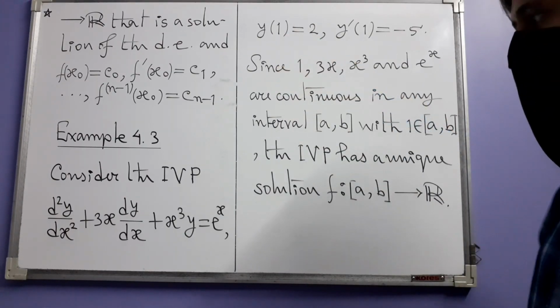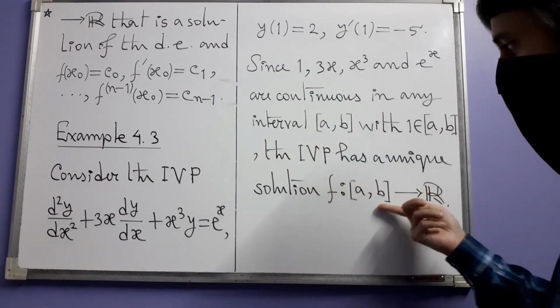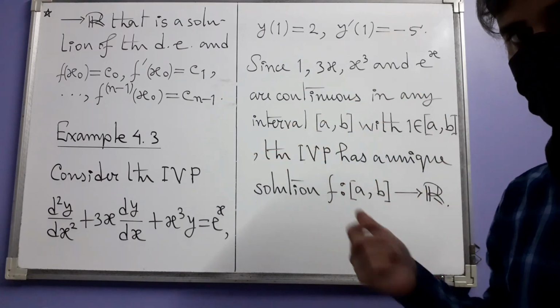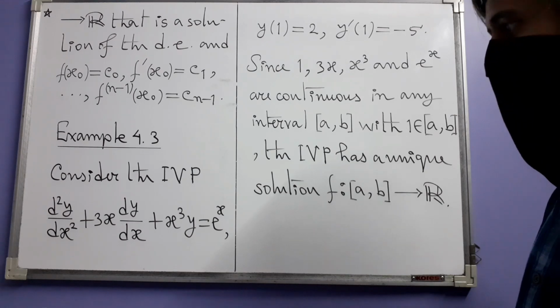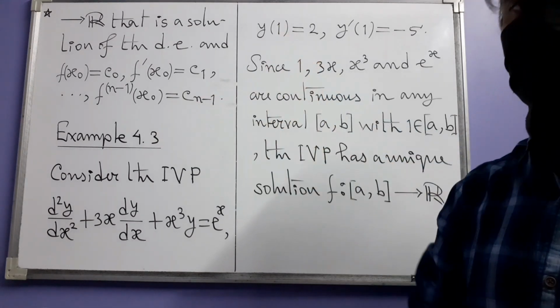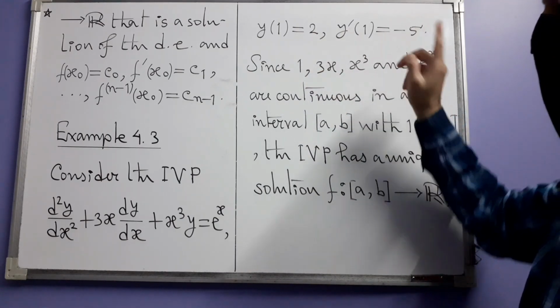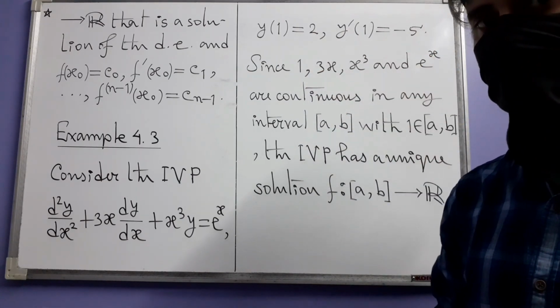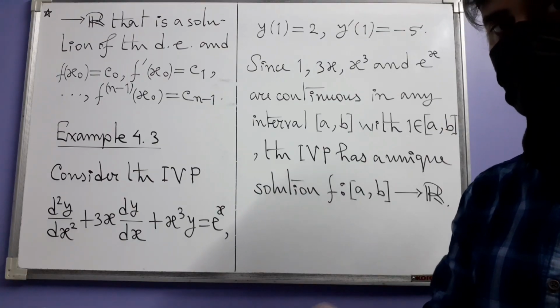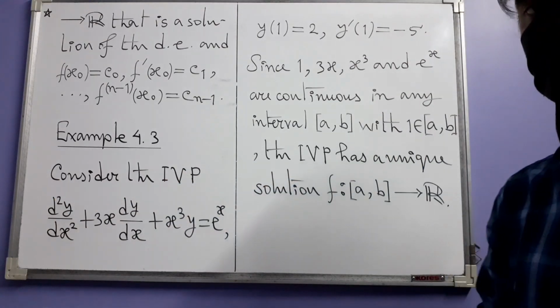And because of that, by that theorem, this IVP has a unique solution defined on that interval. Note that in this case, 1 is your x0, c0 is 2 and c1 is minus 5 and c1 is cn minus 1 because n in this case is 2.